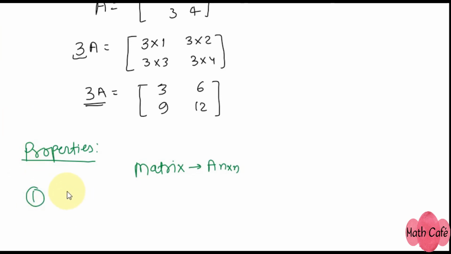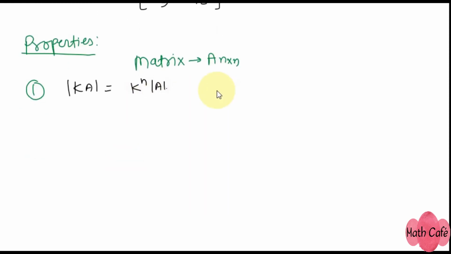So the first property is determinant value of kA will be equal to k raised to n times determinant value of A. So if a matrix has order n, then determinant value of kA will be equal to k raised to n determinant value of A.